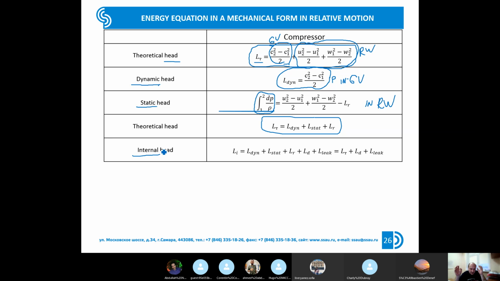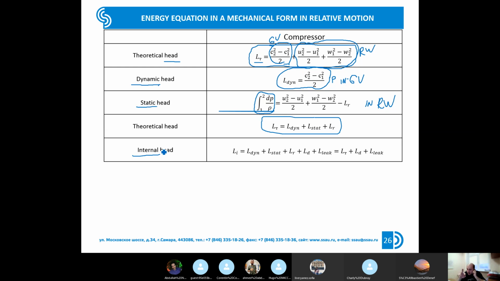This energy is transferred to the blades, and the energy which gets to the blades is called theoretical head, finally, and this energy, theoretical head, I mean, is transferred to the flow by blades, and finally you receive the pressure ratio.